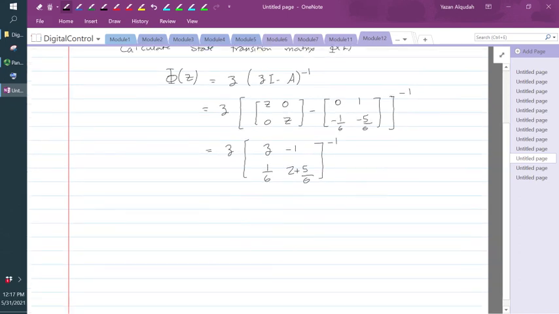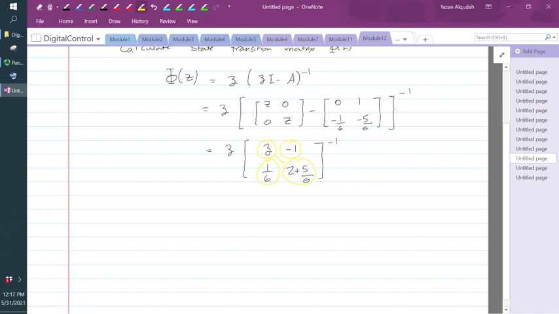Now this is an easy matrix to calculate the inverse for. It's 2 by 2, so I have to calculate the determinant, which is going to be this element multiplied by this element minus this element multiplied by this element.